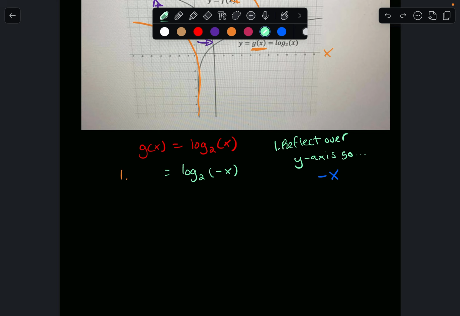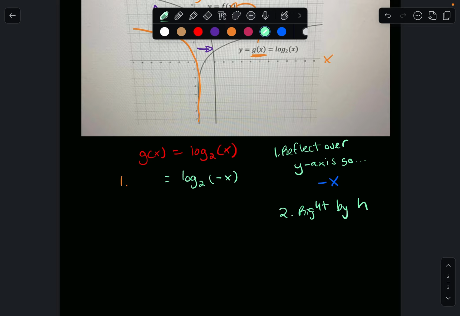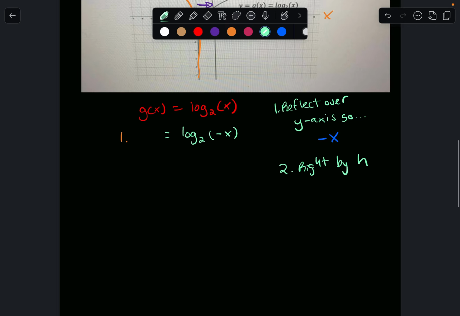So now for step 2, we'll go right by value h. That's going to look like, I believe, log base 2 of negative x plus h.